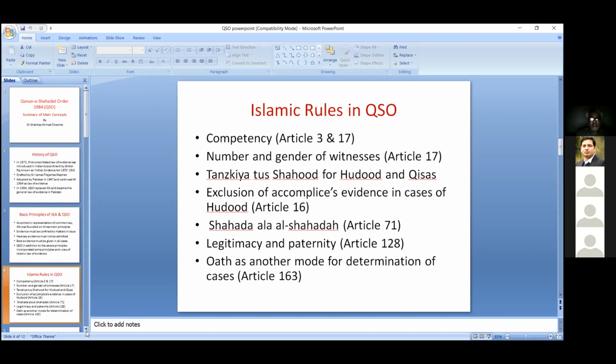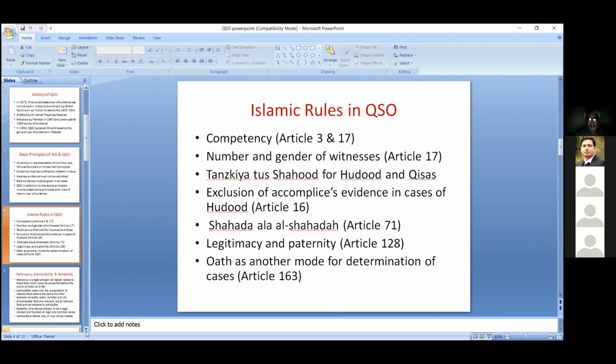It is generally applied in petty matters and in civil transactions where there is no witness available. But as far as the effectiveness of this method is concerned, a lot needs to be researched, because there are very few cases in which this is actually resorted to in our courts.